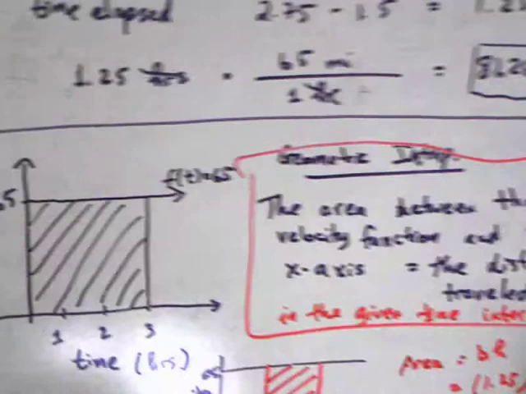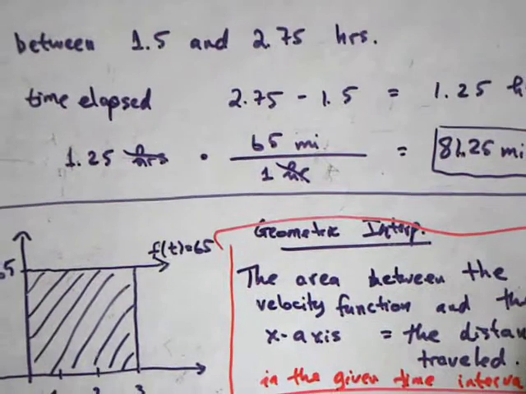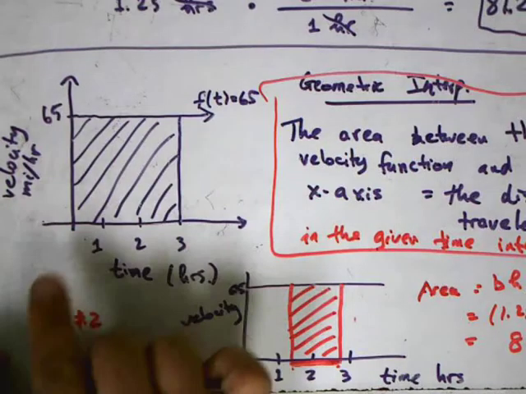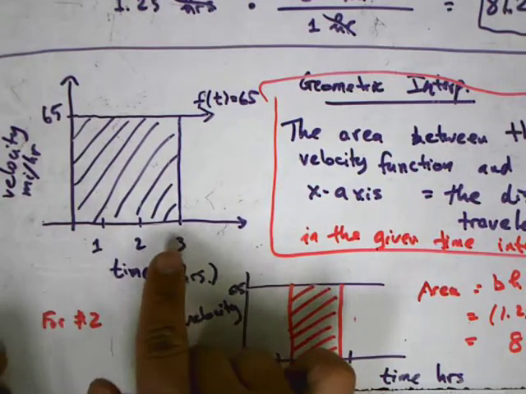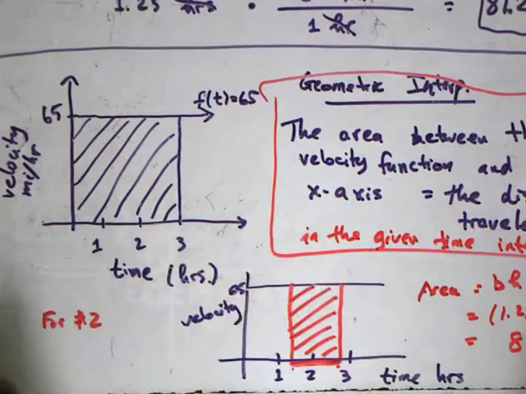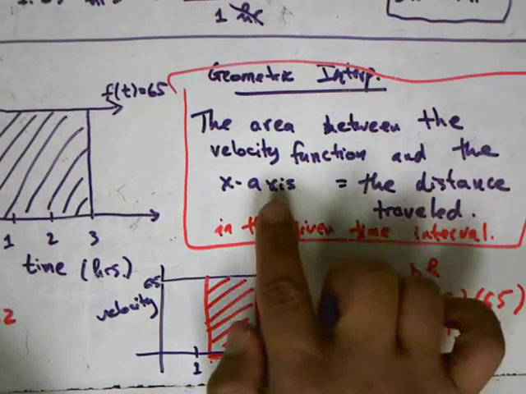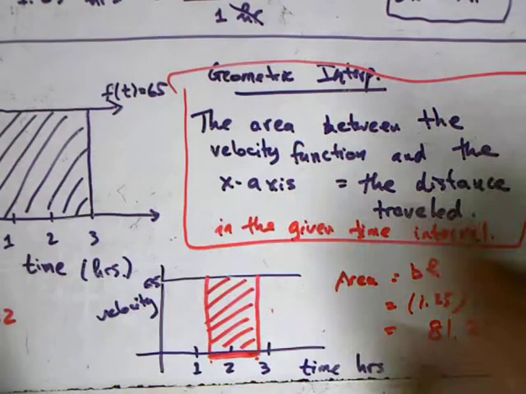If I have a velocity function versus time, the distance traveled is the area between the velocity function and the x-axis. In other words, this area right here.